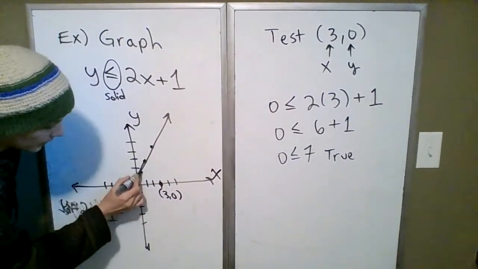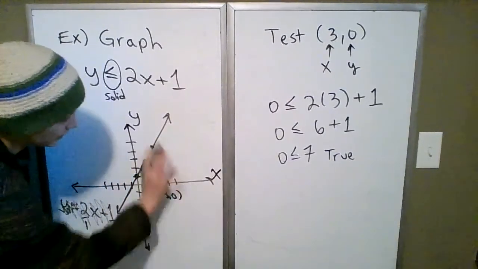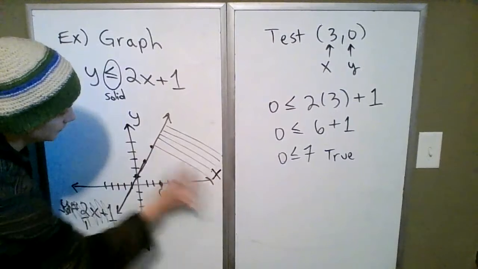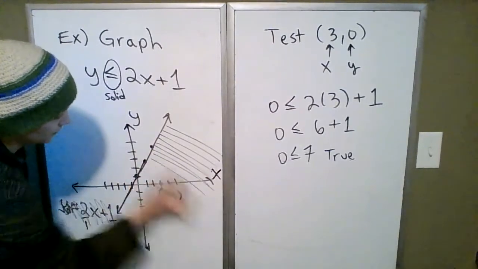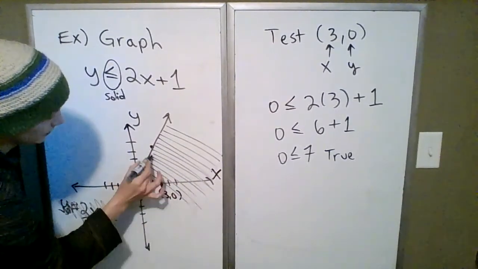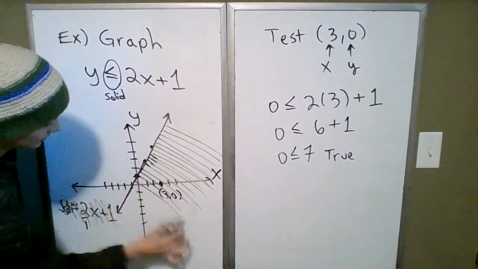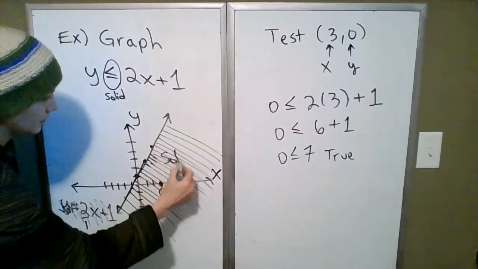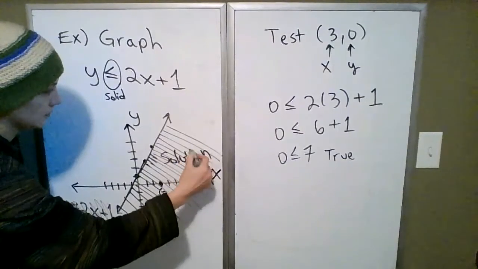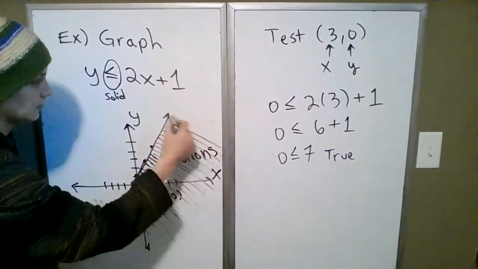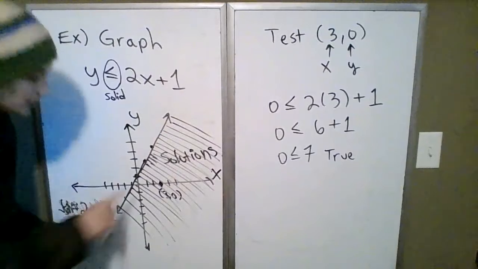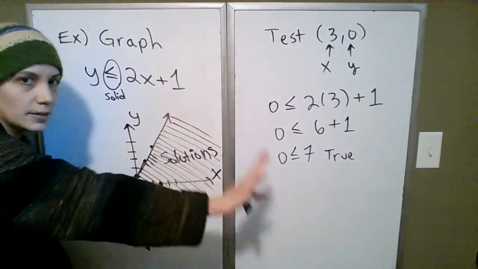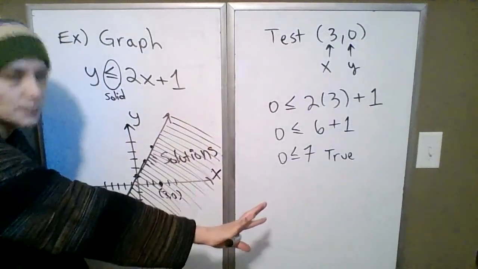I'm going to go from the line and all the way over on this side down. And the line would keep going in both directions that way, and you'd keep shading all the way below the line.